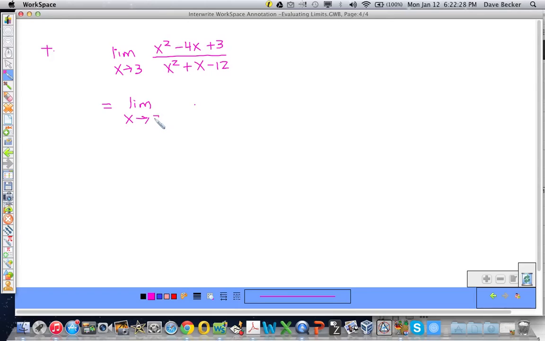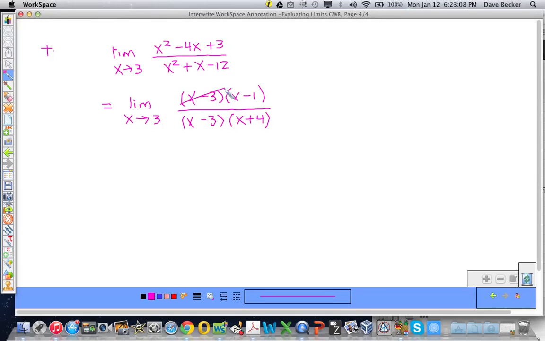So that equals the limit as x approaches 3 of, this is going to factor, signs are the same, they're both negative, factors of 3 are 3 and 1, x minus 3 times x minus 1, right? You guys know how to factor. And then here the signs are different, and the bigger one is positive, so I need factors of 12 that give me a positive 1, so that is going to be x minus 3 times x plus 4, right?